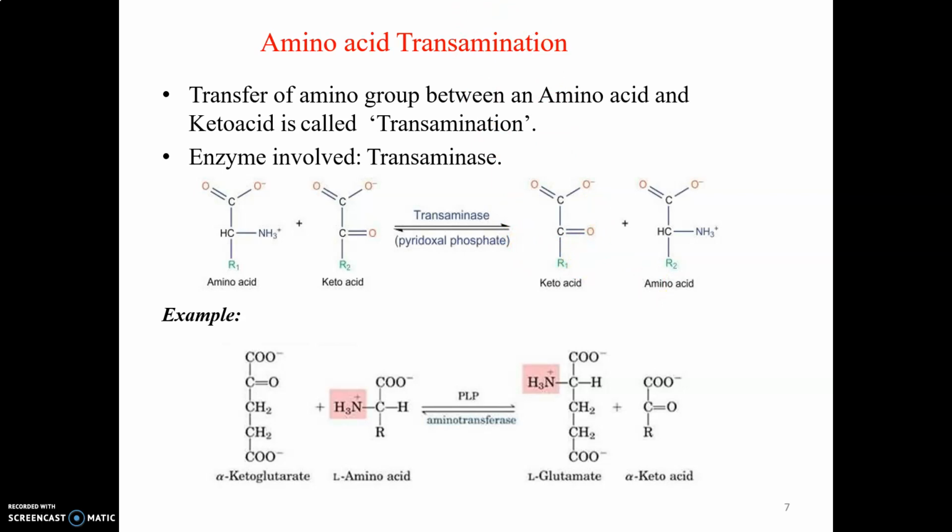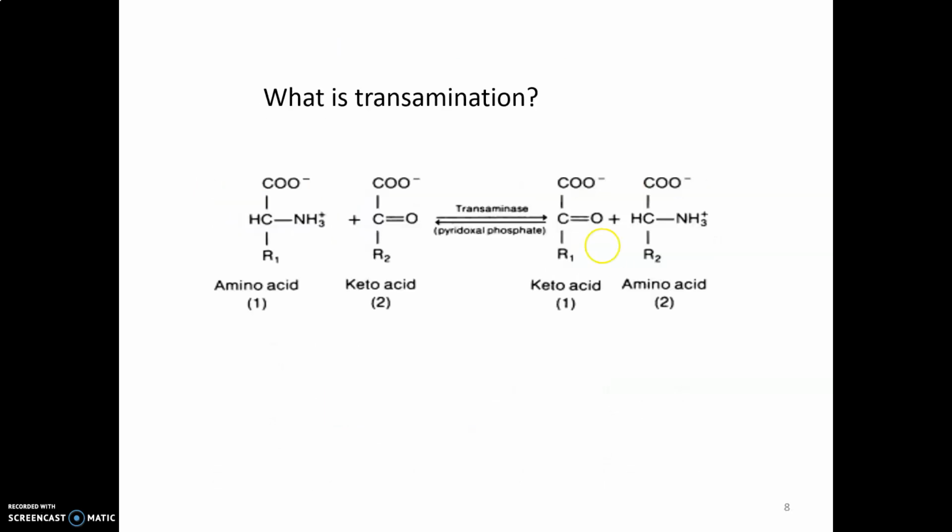So look at this example now. What is transamination? Transfer of an amino group from one amino acid to a keto acid in the presence of transaminase to form a new keto acid and a new amino acid is known as transamination.